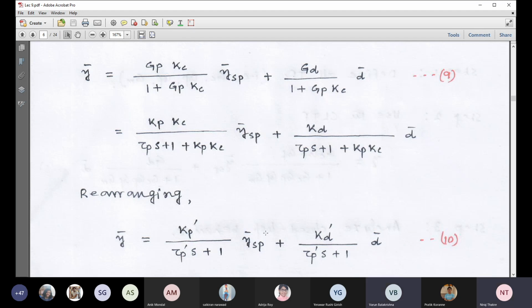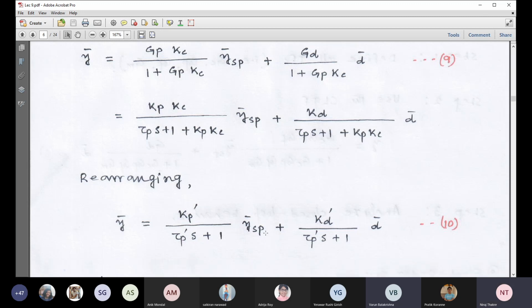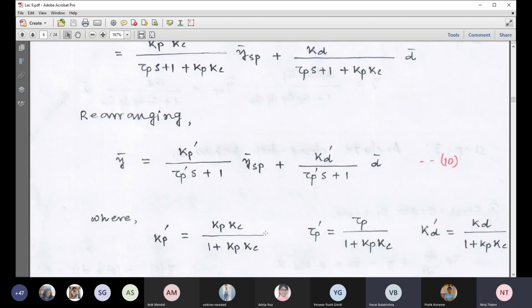It is KPKC by 1 plus KPKC. Yes, correct. What about tau p prime? It will be tau p by 1 plus KPKC. And then Kd prime? KD by 1 plus KPKC. Yes. So these are the expressions we get by comparing the last two equations.